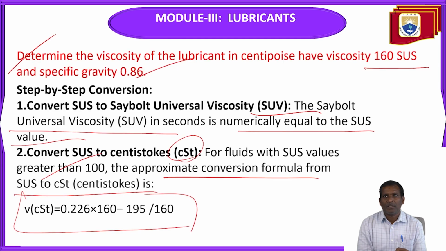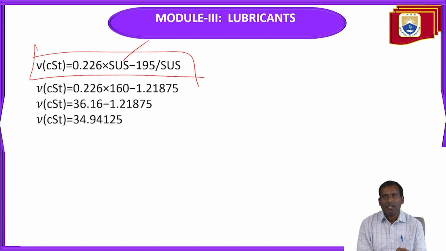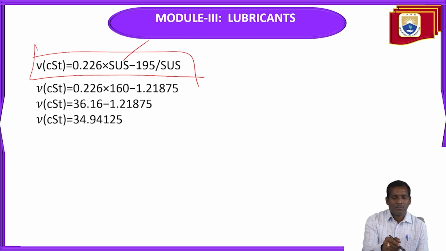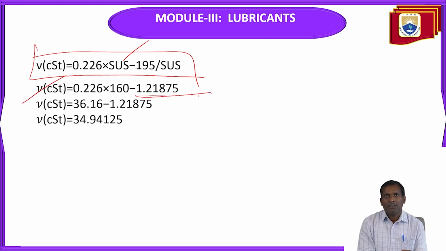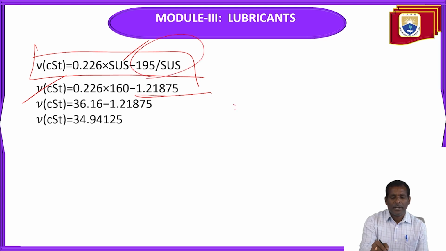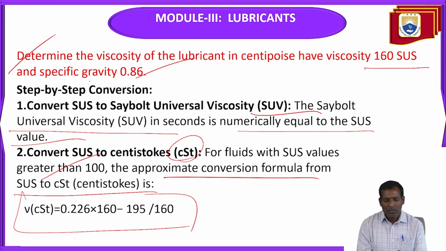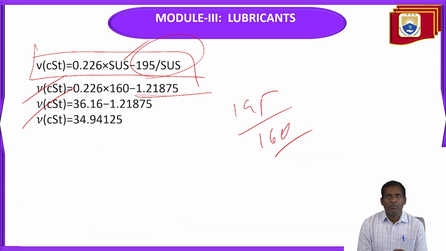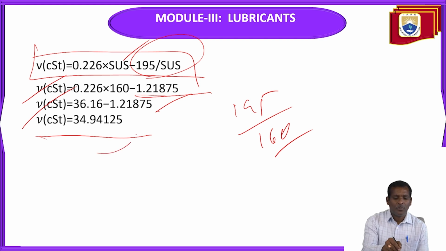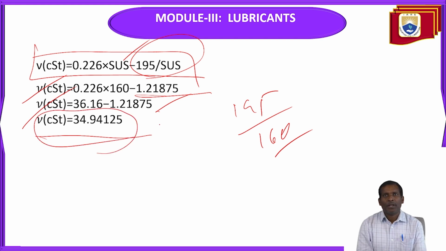How much is the given SUS here? 160. So substitute those values and calculate 190 by the SUS value 160. The centistokes value is equal to 36.16 minus 1.21975, that is equal to 34.94125.